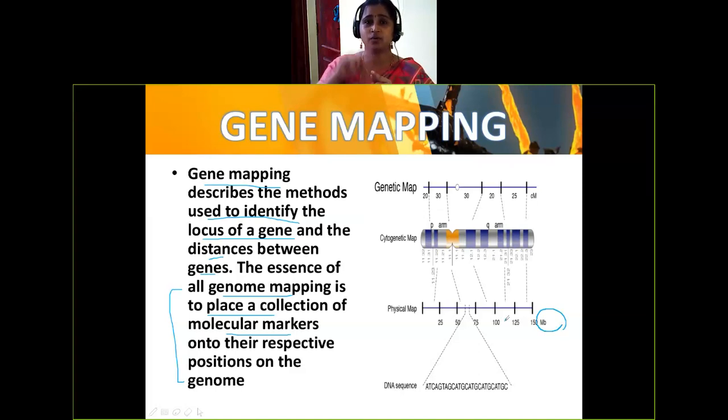Already I've discussed the four bases: adenine, guanine, cytosine, and thymine. You can see here the DNA sequences A, T, C, G. So in this particular space, what are the sequences? They'll pull out and check. So this is a mapping method to check the position, the locus, and how far apart they are located.